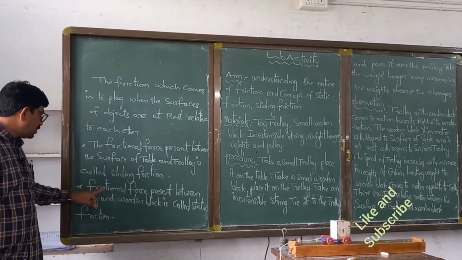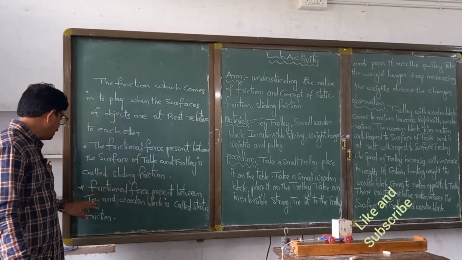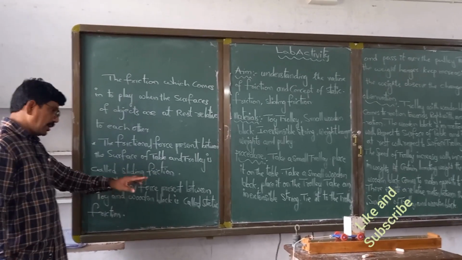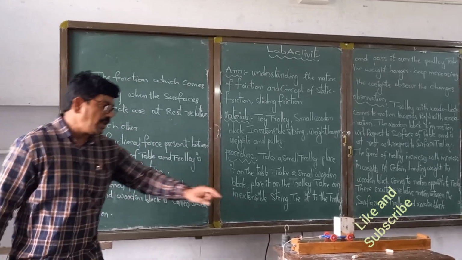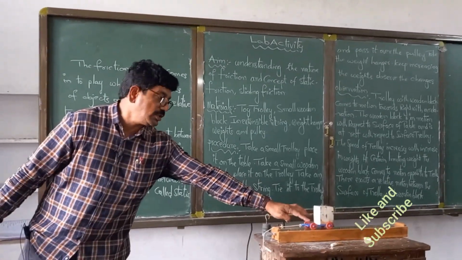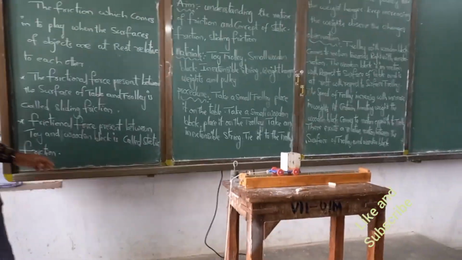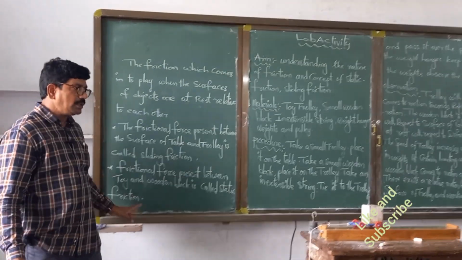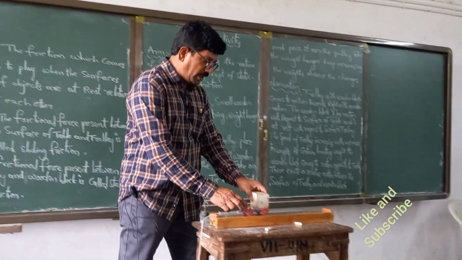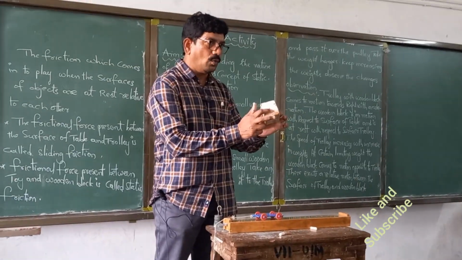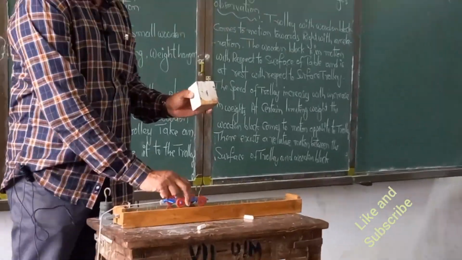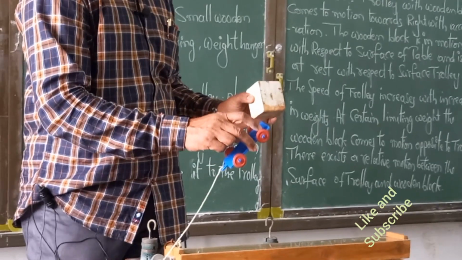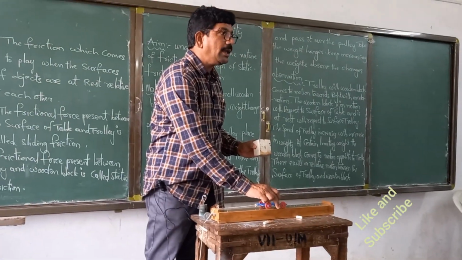Next one, the frictional force present between the toy, that is, see this one, the toy means wooden, this is a plastic trolley, and the wooden block is called static friction. That means the frictional force present between the wooden block and the plastic trolley is called what?